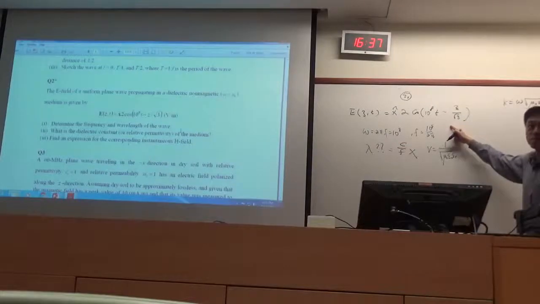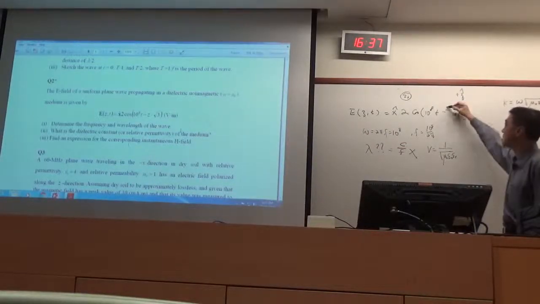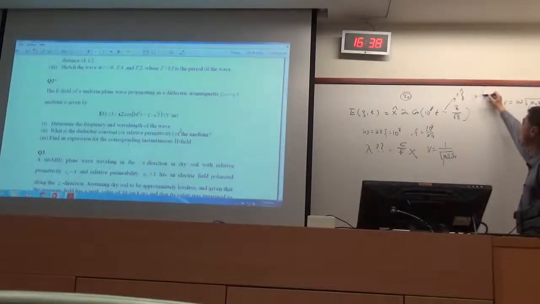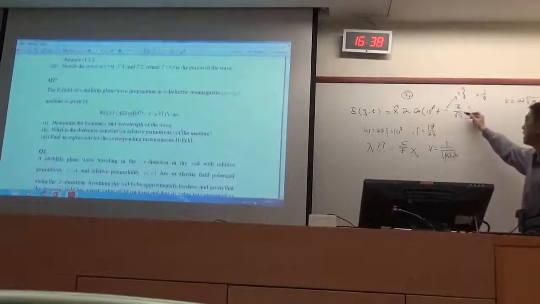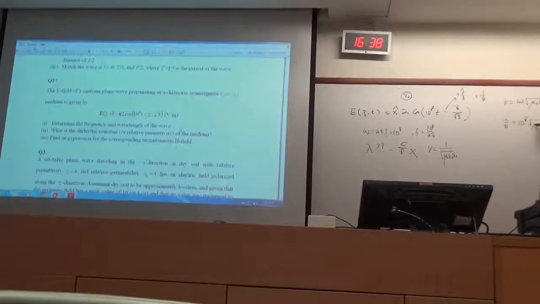The direction of propagation is in the plus z direction because this is minus, so this is plus. And you know k. k is equal to 1 over square root 3. So 1 over square root 3 is equal to 10 to the power of 8 times square root of mu naught epsilon naught epsilon r.